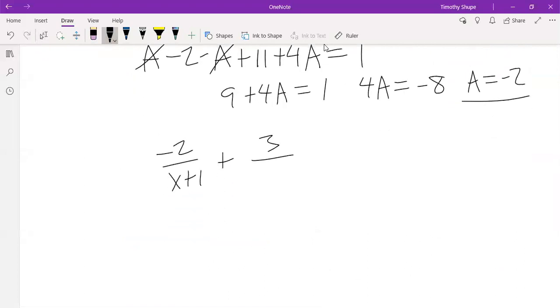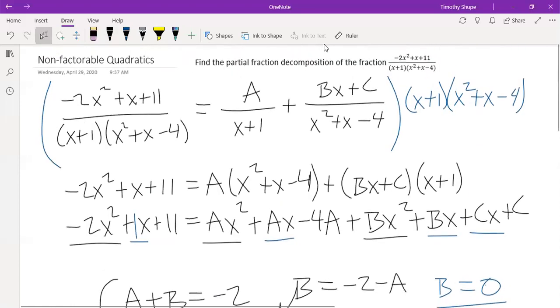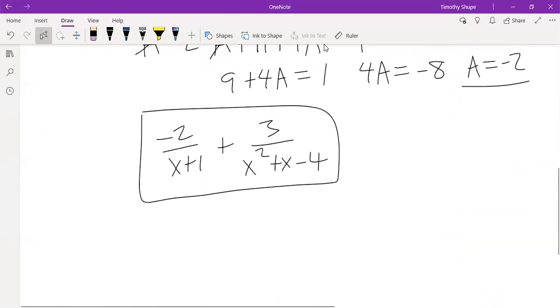So 3 divided by the x squared plus x minus 4. That would be the partial fraction decomposition of the original that we had up here with the -2x squared starting out as the numerator. And notice that the b, we didn't have that term as part of our answer, and that's okay. But we still needed to account for it just in case that term existed as part of our solution.